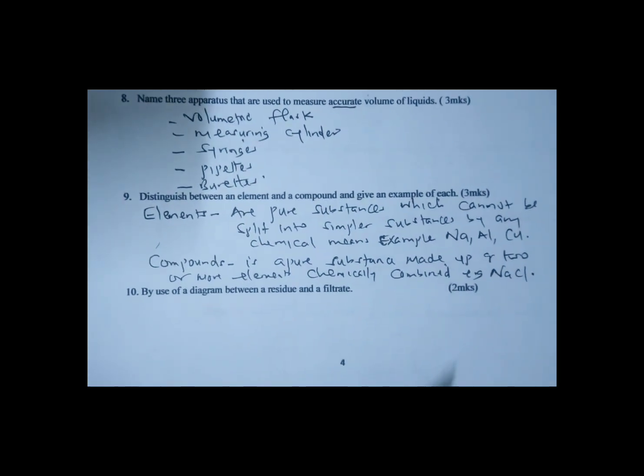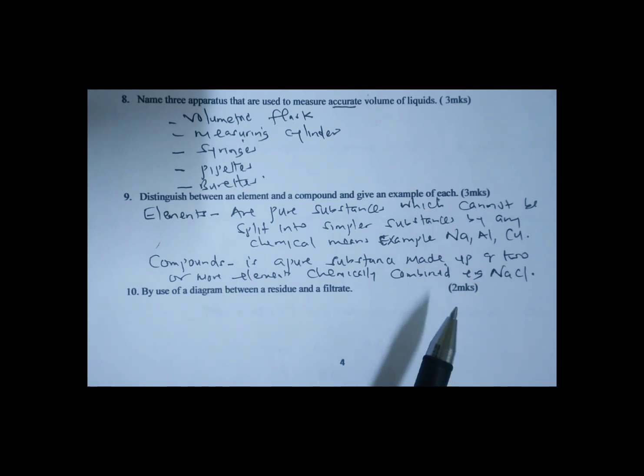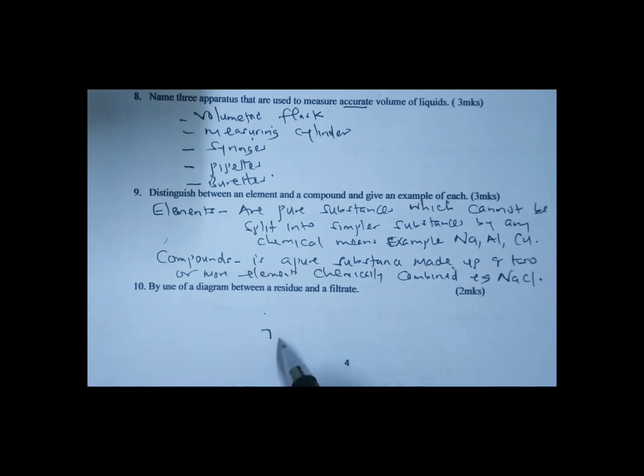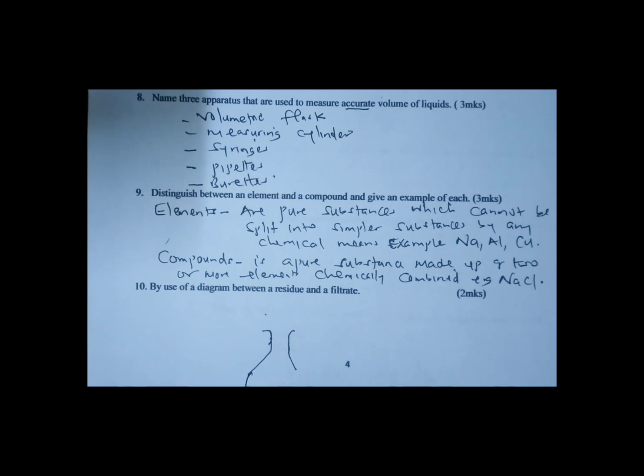We move to question number 10 very quickly. By use of a diagram, distinguish between a residue and a filtrate. We are going to use the following setup. Assuming you have water and sand.